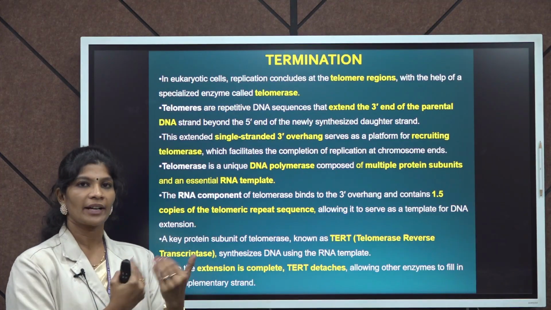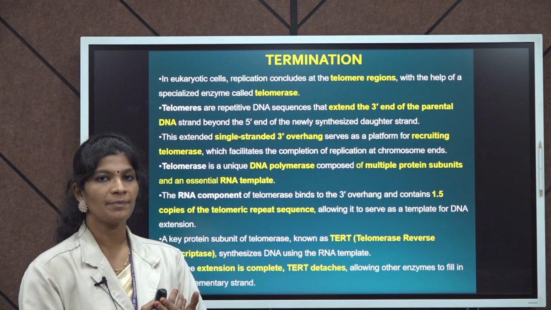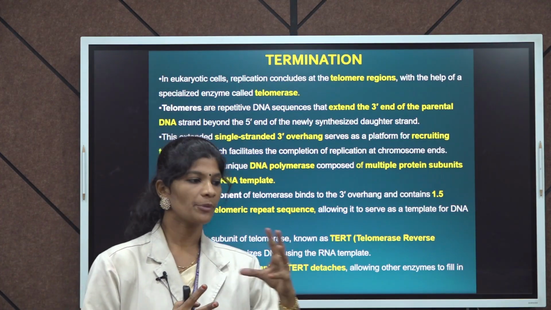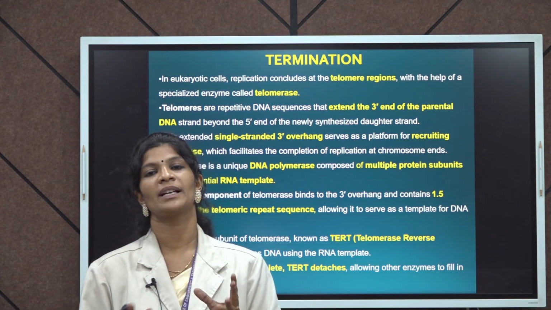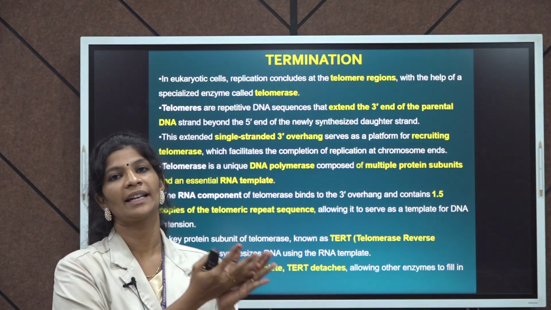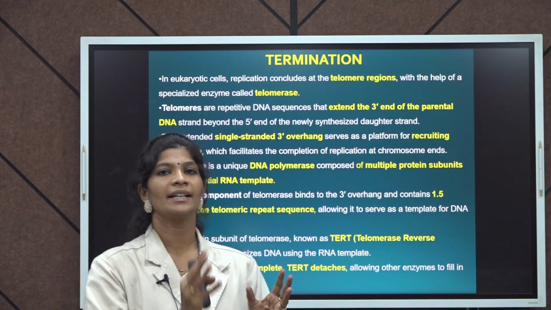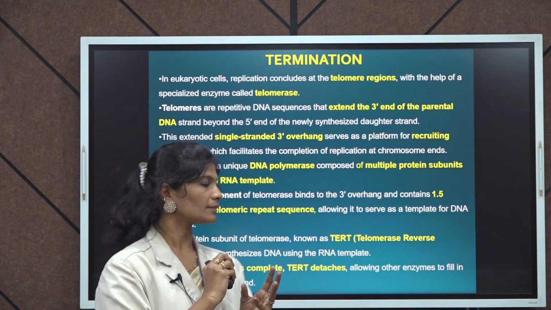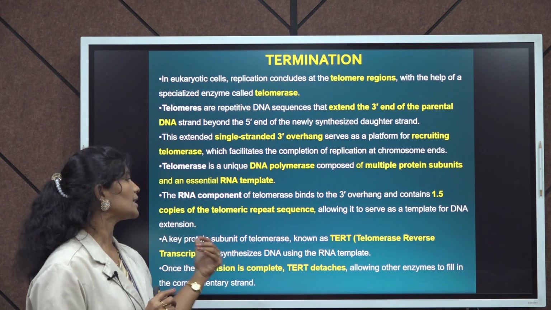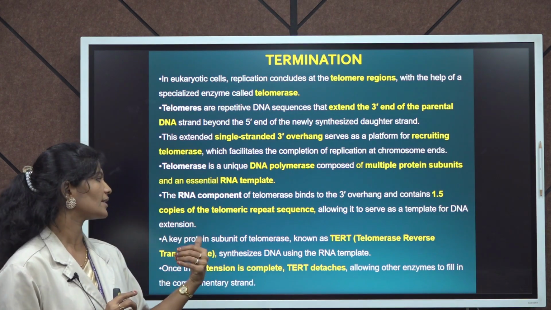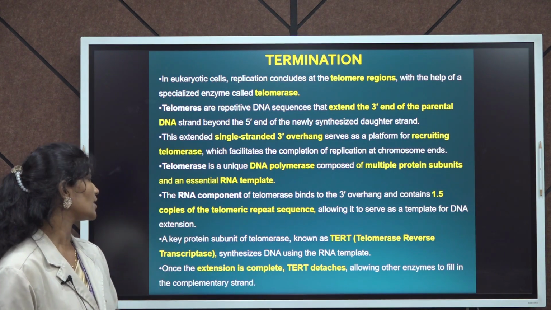This will recruit the telomerase enzyme. Telomerase enzyme is made up of a protein part as well as an RNA part. This RNA part will attach to the 3' overhanging end of the telomere, and it starts synthesizing the remaining DNA, and this protein subunit of telomerase is called TERT, that is telomerase reverse transcriptase.